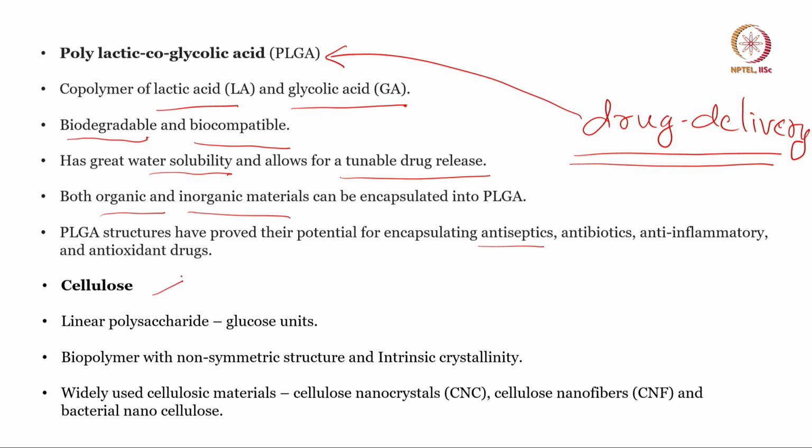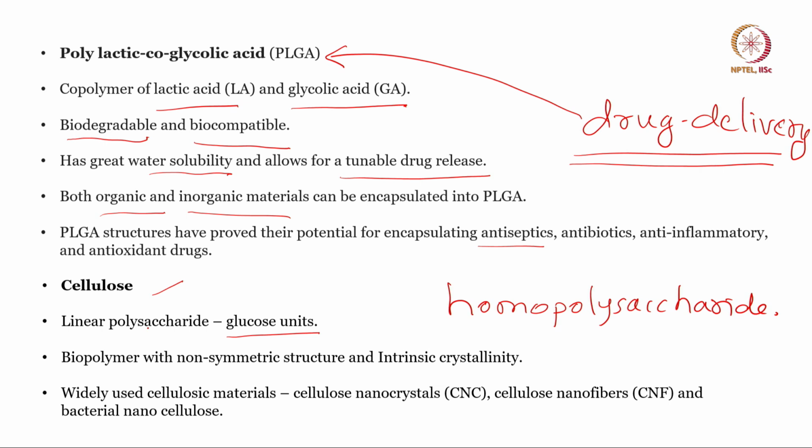Next, coming to another important polymer, that is cellulose. Cellulose is a homopolysaccharide which has a linear arrangement of monomeric units. This homopolysaccharide consists of glucose units that are linked to one another to form this polymeric chain, that is cellulose.